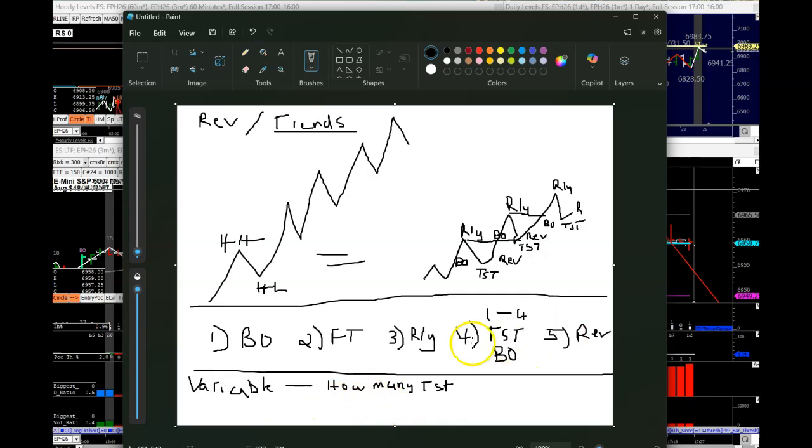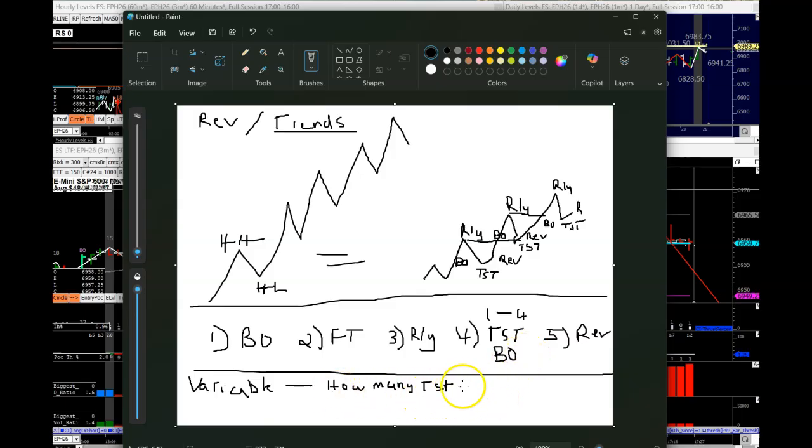You don't know. It could be one, it could be a spring, which is the second test. It could be a spring retest, which would mean that there are 3 tests. If the first pullback is a test of a breakout, the second will be a spring, and the third could be a test of a spring.